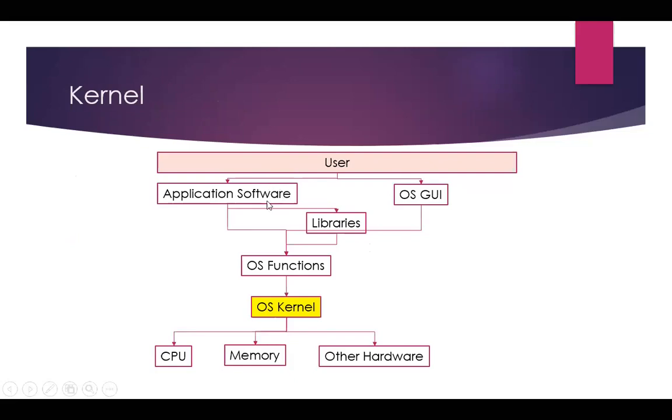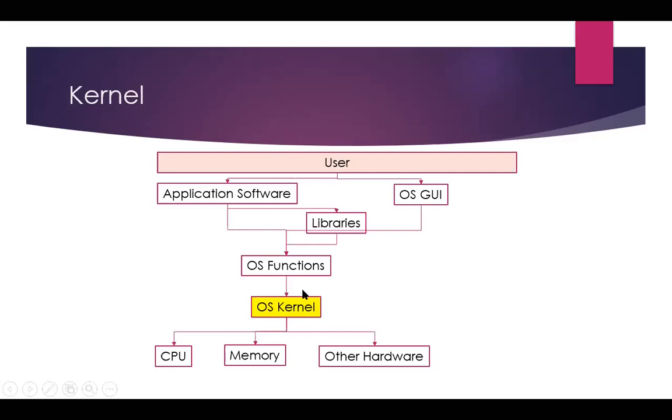The application software uses the functions of the operating system either directly or through software libraries. And these operating system functions, through the core of the operating system, interact with the processor, memory, or other hardware. So this is the location of the kernel of the operating system.